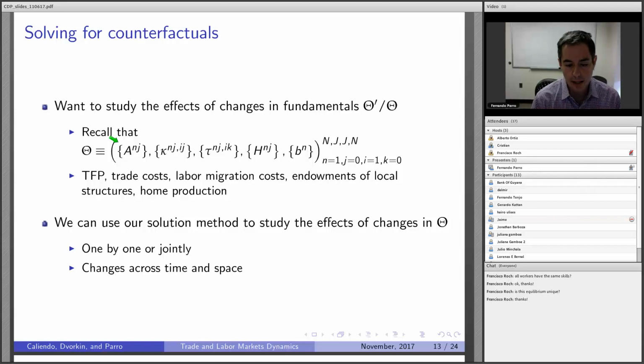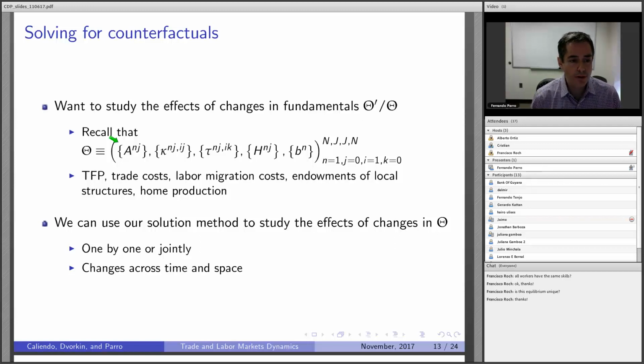Now, I just showed you how to compute the model. Now I'm going to describe briefly how to use the model to perform a counterfactual analysis. And after doing so, I'm going to go over the application on the China trade shock.